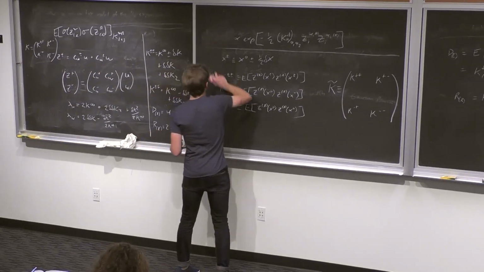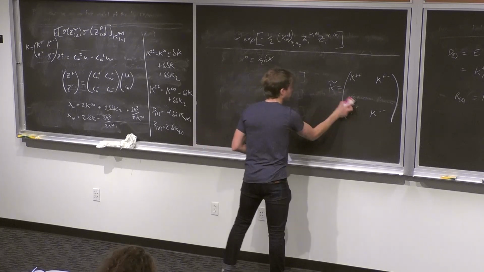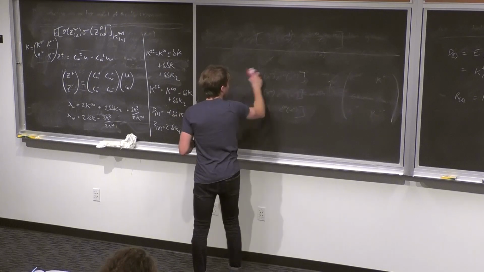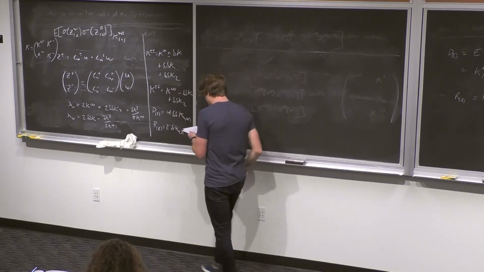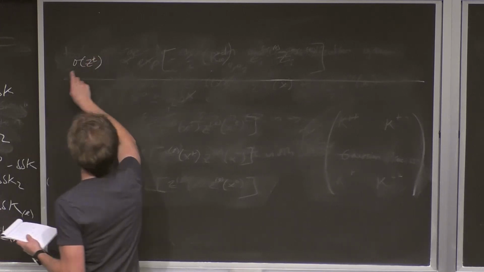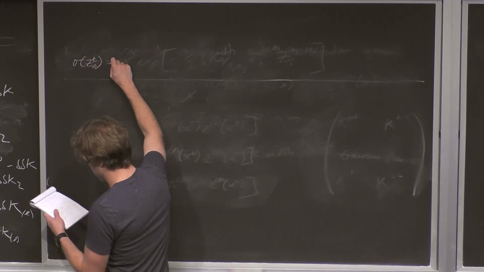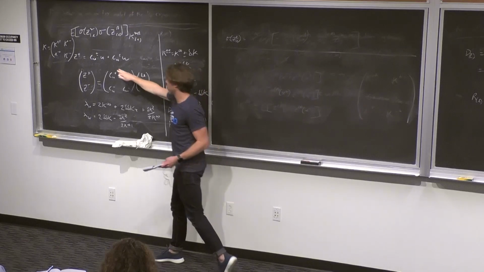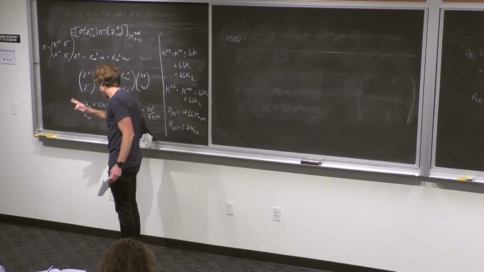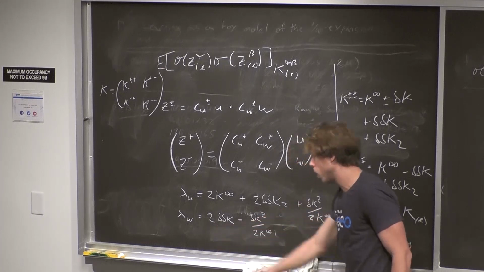Let me just finish outlining this procedure, and then I'll start talking about some of the results, which perhaps are more interesting. The point of this procedure is that we can now expand the sigmas for layer L at z plus and z minus by substituting in these coordinates, and knowing that expectation values that involve the w coordinates are going to be small in the perturbation.